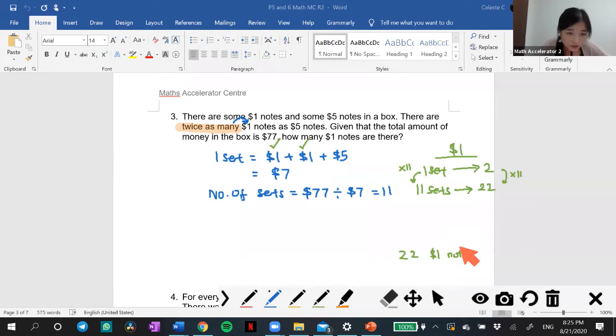Can I write the answer 22 only? Yeah, it should be fine. You can just put 22 because they ask you how many $1 notes are there. So 22.